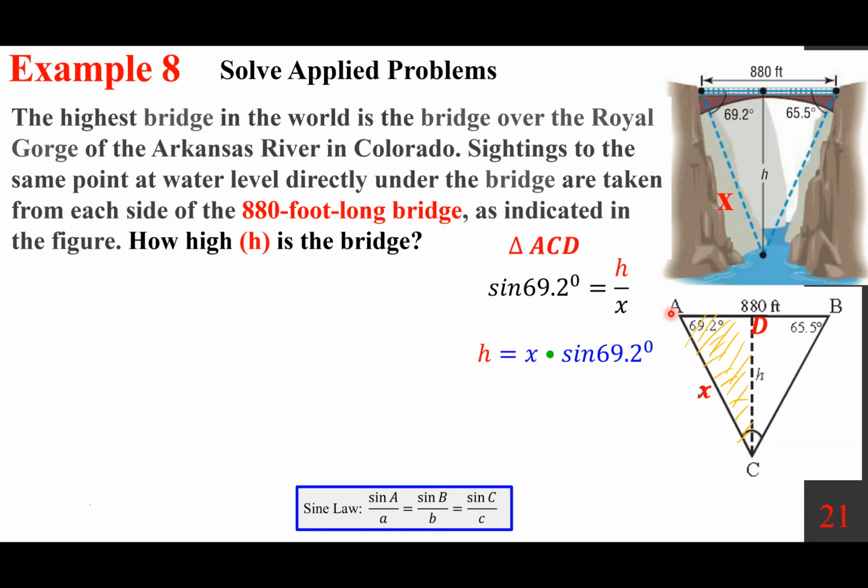If you go to the big one, the triangle ABC, we have two angles, which means we can find the third one, right? So in the triangle ABC, we have almost everything. We have two angles. Add them up, subtract it from 180, and it gives you angle C, 45.3 degrees.